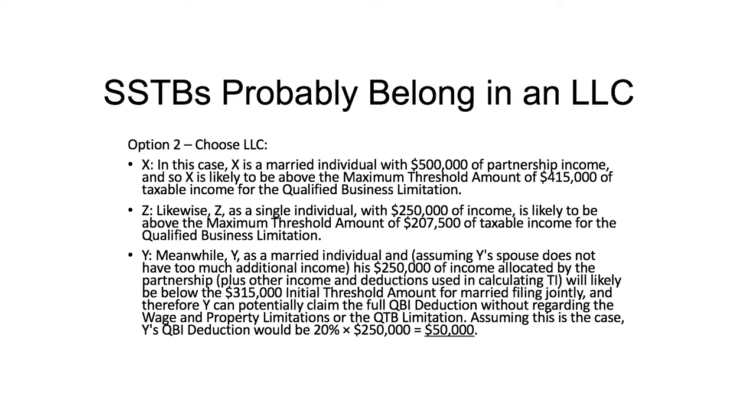Do you see how that works? This creates a very interesting negotiation issue. X and Z want wages because of the wage and property limits, since they're above the threshold, but Y would want to be an LLC because Y doesn't want any wages and wants to maximize QBI.